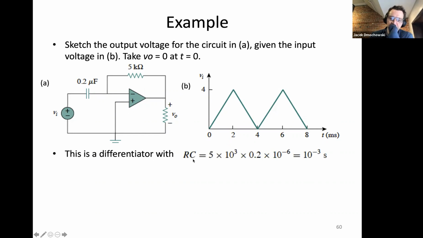And so first of all, we have to figure out what the time constant is, which is equal to 10 to the minus 3 seconds, right? Because that's the product of the R and the C. And then we have to multiply that by the derivative of this waveform.